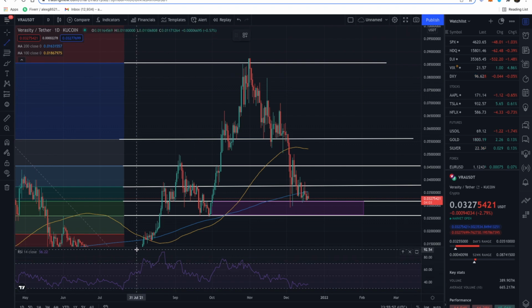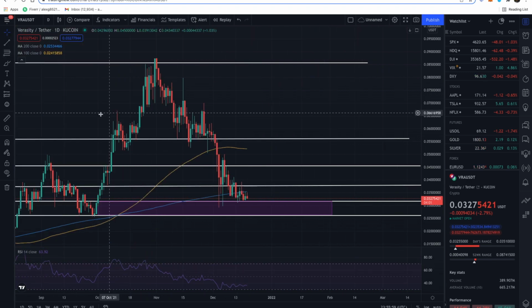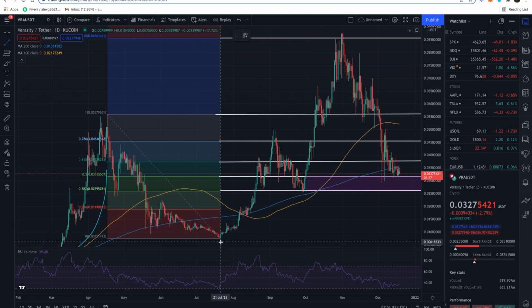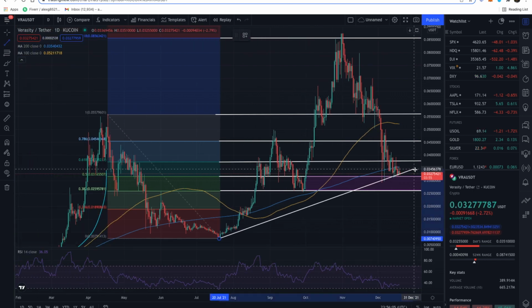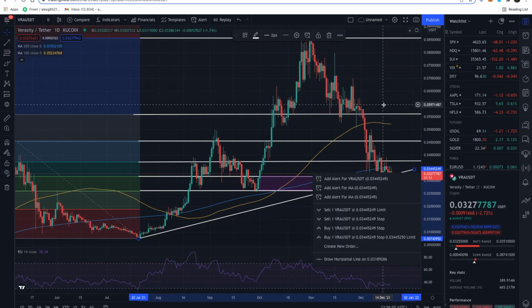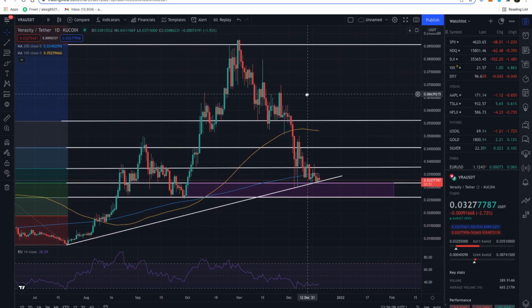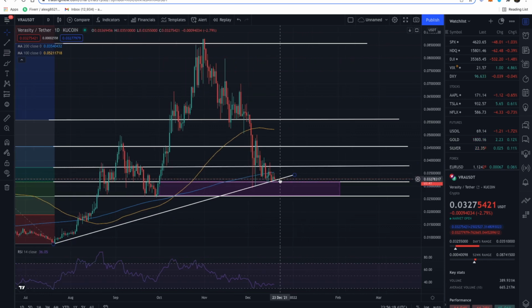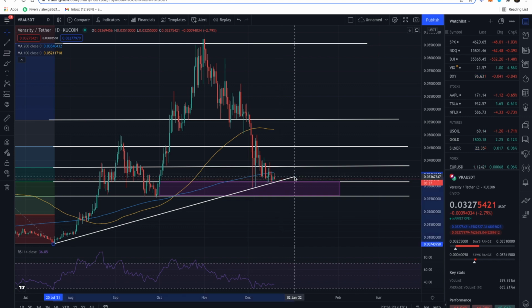What I will say about the chart overall, getting into the nitty gritty, is that there is a really nice bullish structure. Last time we talked about VRA, we talked about how this fib in particular, this 3.1 ish cent fib, was going to be really important, because this is what was going to keep our bullish trend intact.